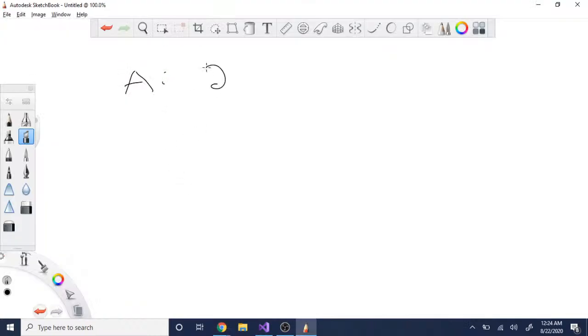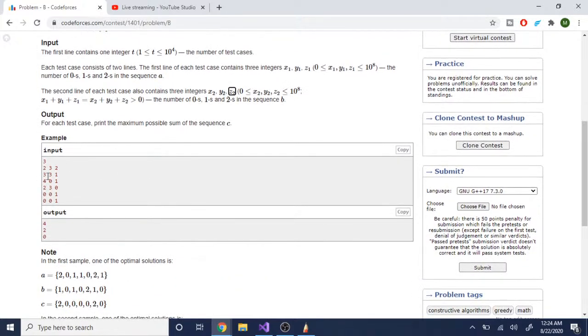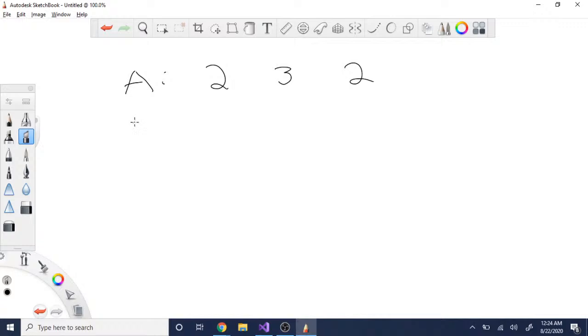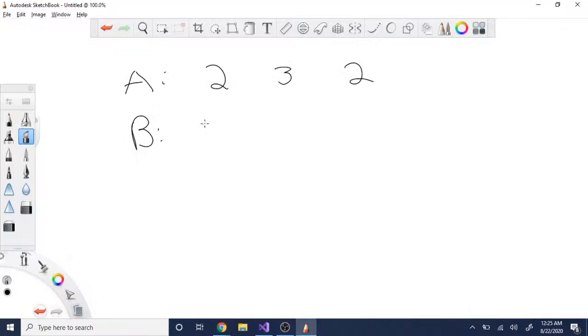And then our B has 3 zeros, 3 1s, 1 2. Okay, so this is num0s, num1s, num2s.